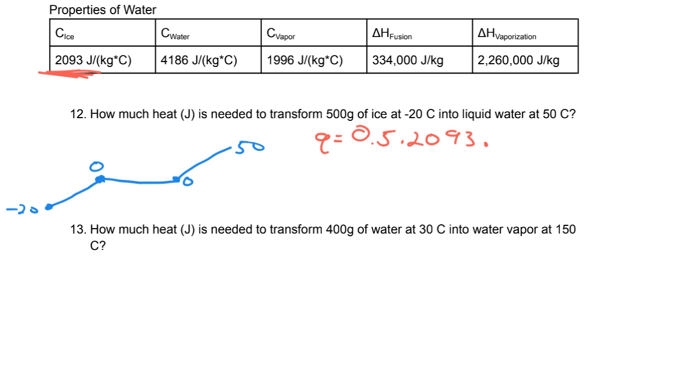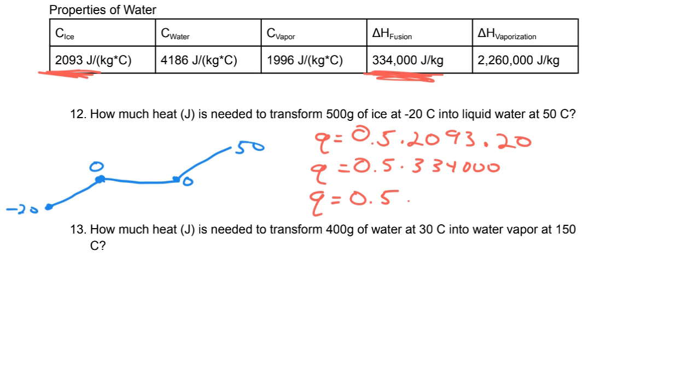And to get up to the melting point, it needed to change 20 degrees. All right, then in the phase change, we don't have to multiply by any temperature, but we still multiply the mass times the heat of fusion right there, 334,000.